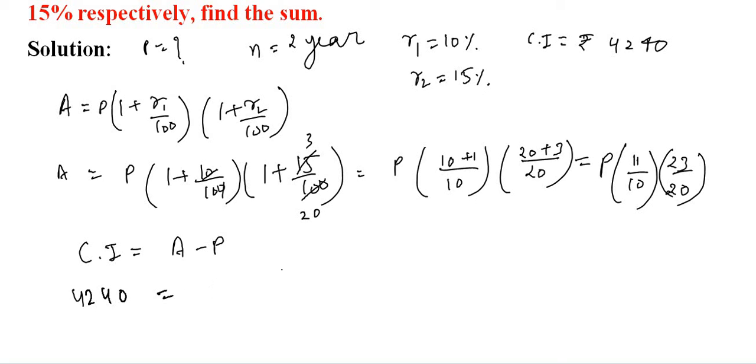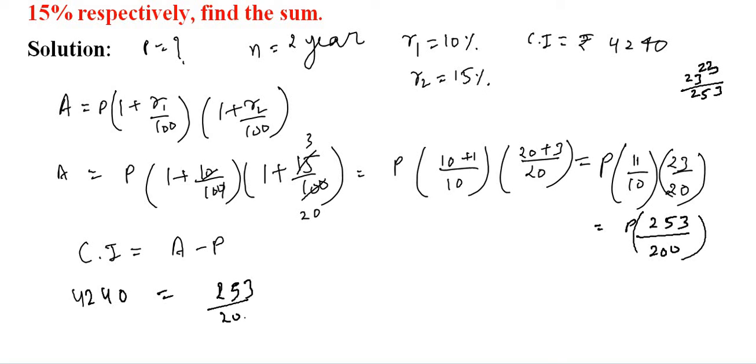We have calculated amount, multiply this one 11 into 23, it will be 253 upon 200. So here we will write 253 upon 200 P minus P.